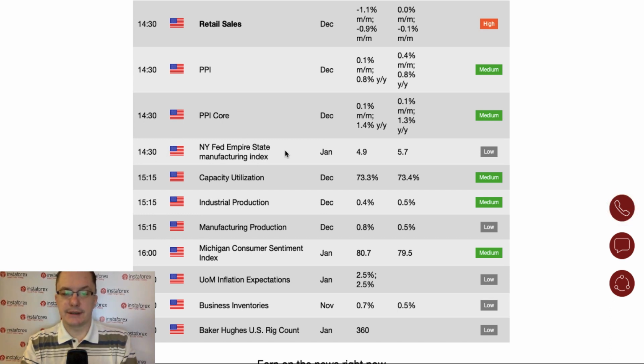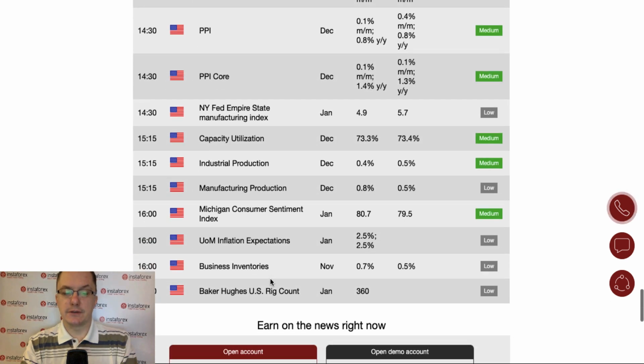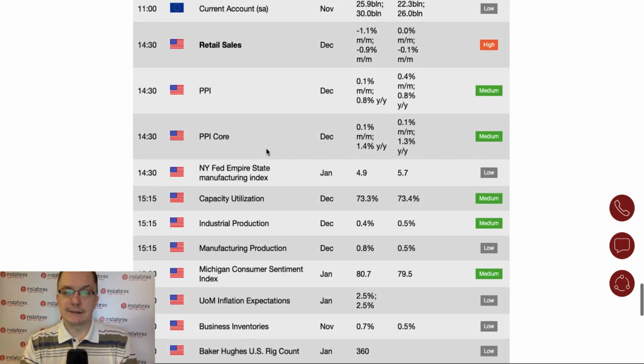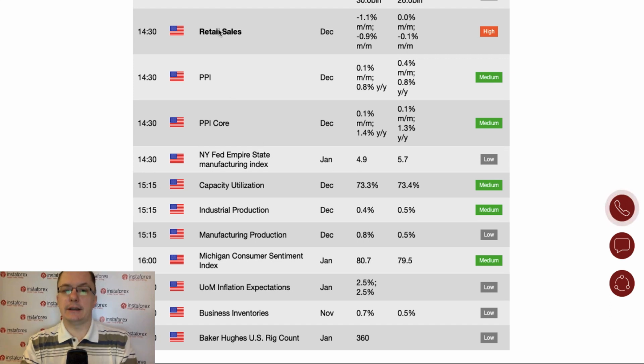New York Fed Empire State manufacturing index, capacity utilization, industrial production data, manufacturing production data, Michigan Consumer Sentiment Index, and University of Michigan inflation expectations. For those of you who trade crude oil, at 7 o'clock p.m. there's the huge US rig count. So plenty of data from the US, including the key data, retail sales.